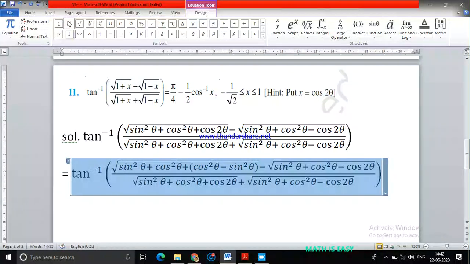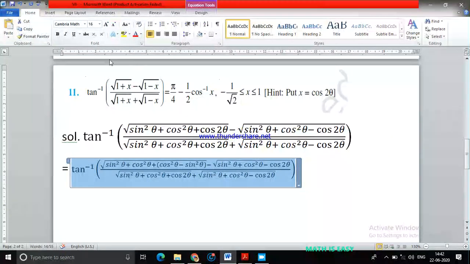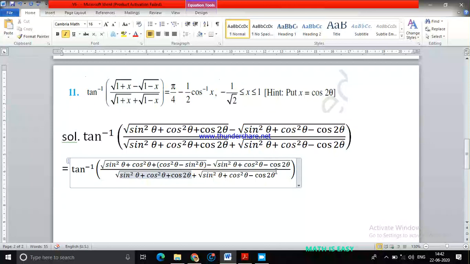I think it's going more than one line, let me decrease the font size. So here what I did, the cos 2 theta formula I replaced with cos square theta minus sin square theta. Here also, in place of cos 2 theta, I replace cos square theta minus sin square theta.